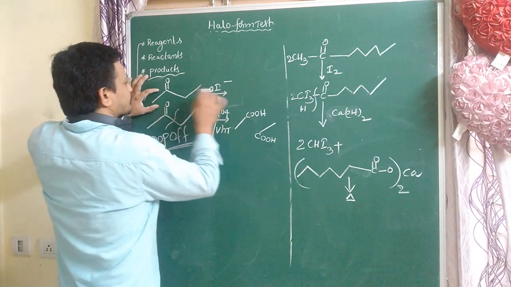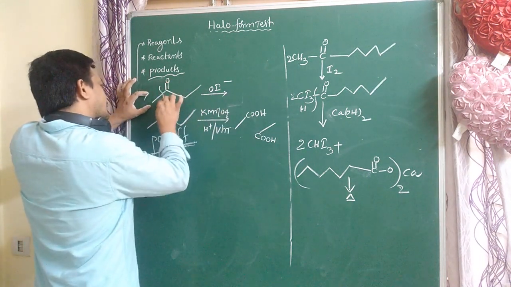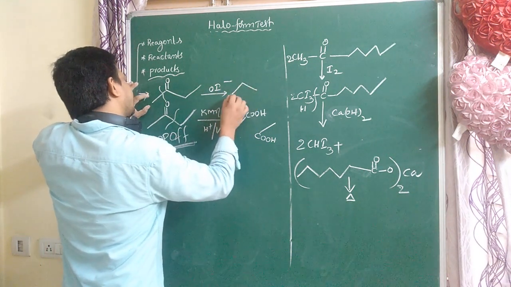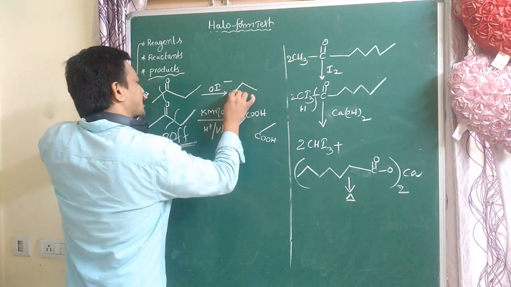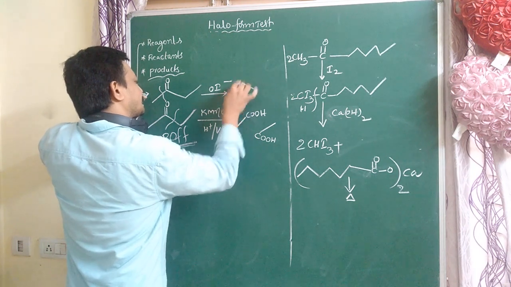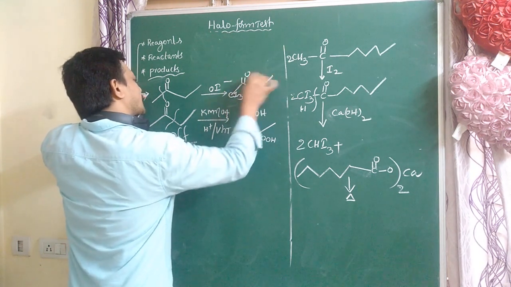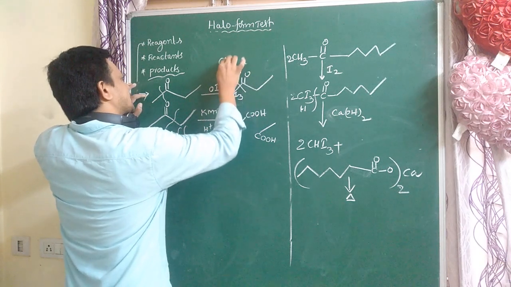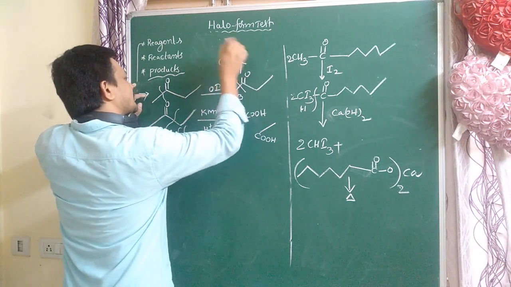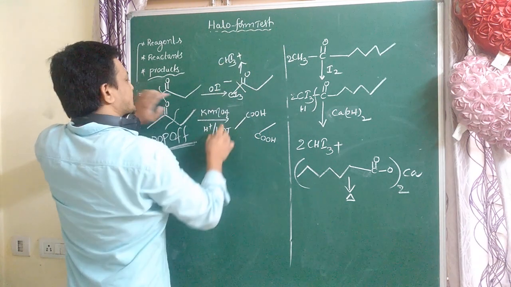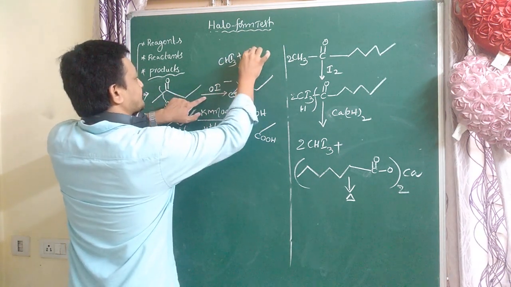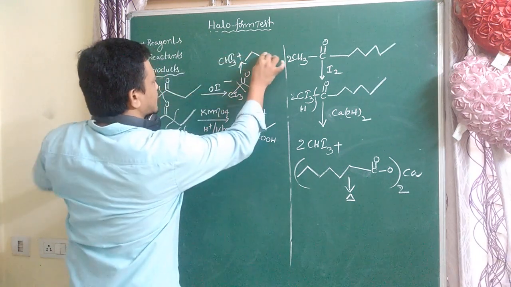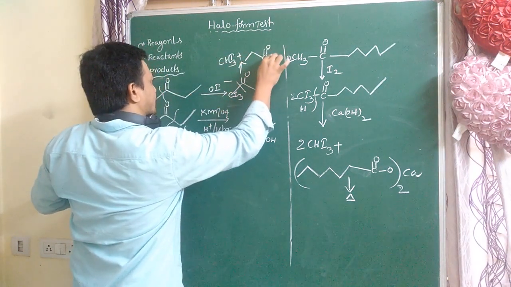So here, break here, first convert to a trihalogenated compound. After that the compound breaks, converting to CHI3 plus CH3CH2C double bond O minus, Na plus.